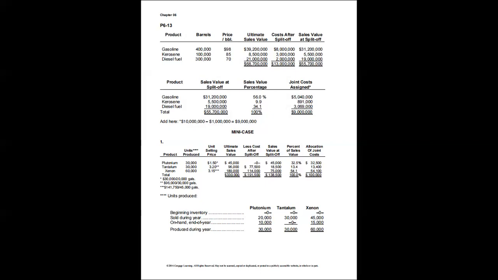Tantalum and xenon require further processing before they can be sold. Tantalum is processed in Department 2 and xenon is processed in Department 3. Following is a summary of cost and other related data for the year ended December 31.